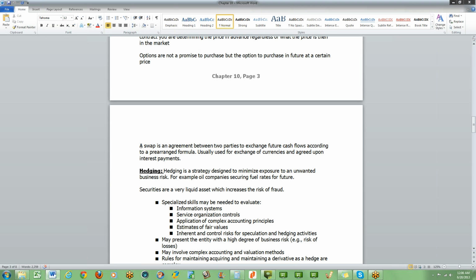A swap, exchange future cash flows, and that is also used for currencies. On this particular day, I may get this much for the currency regardless of what the currency is in the market. Okay, so let's say the currency appreciates 5 years from now, but you have the contract based on today's terms. Political stability made the country's currency better.